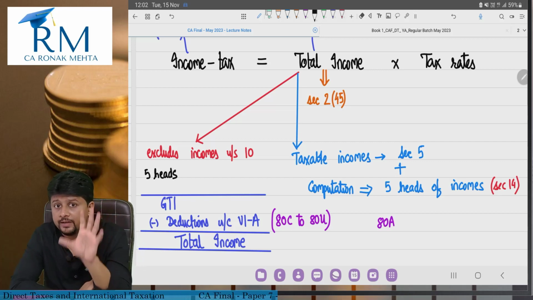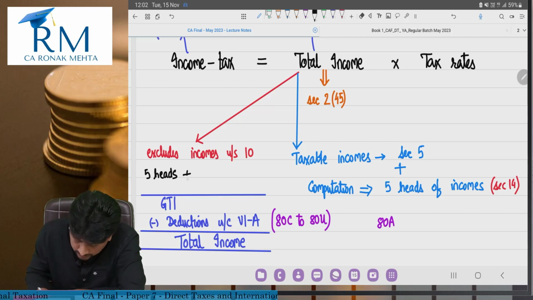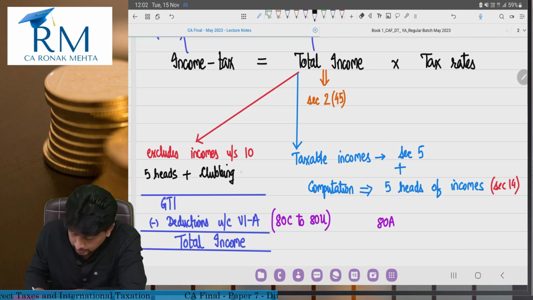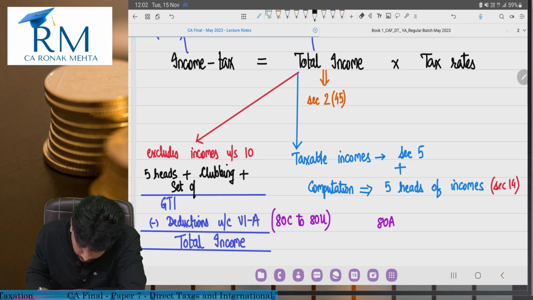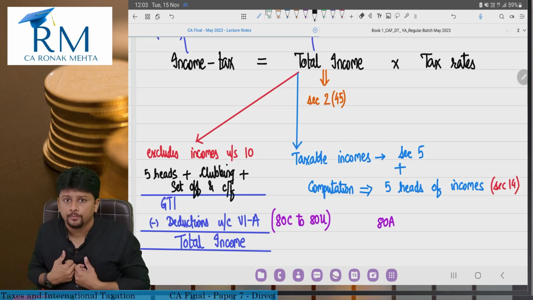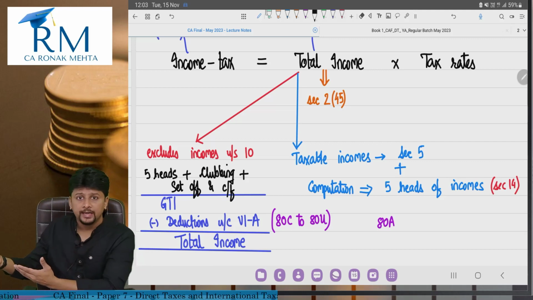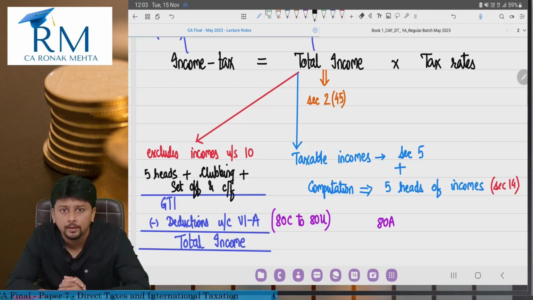But that is only 5 heads. After 5 heads, you have to give effect to the chapter of clubbing of income and the chapter of set off and carry forward of losses. I have earned the income, but I am not the person who is going to pay tax. Somebody else is going to pay tax because of the chapter of clubbing.